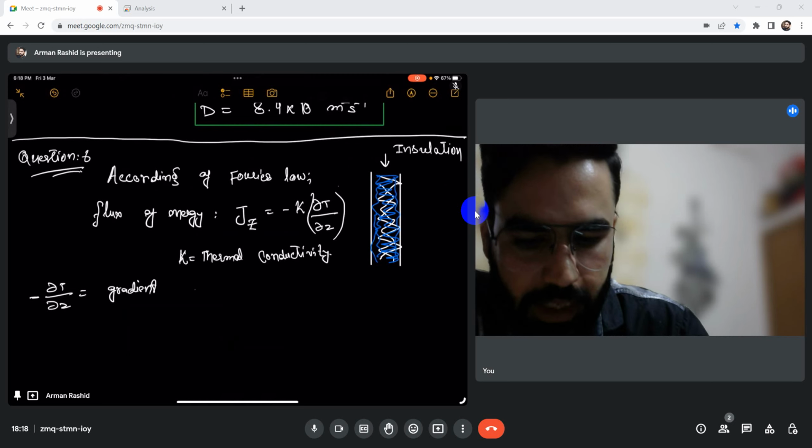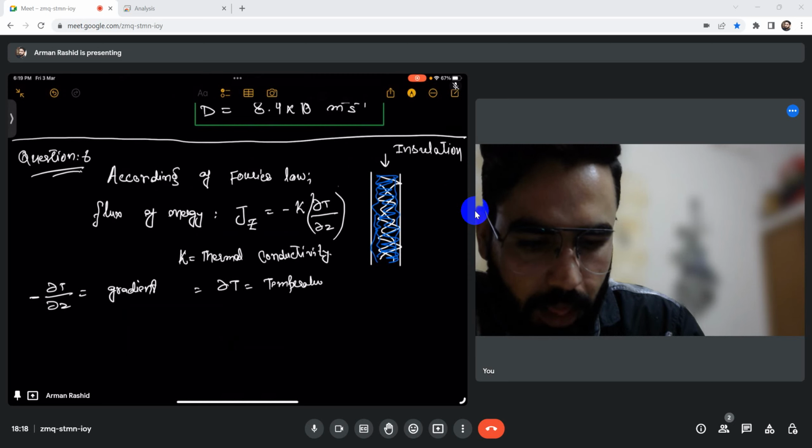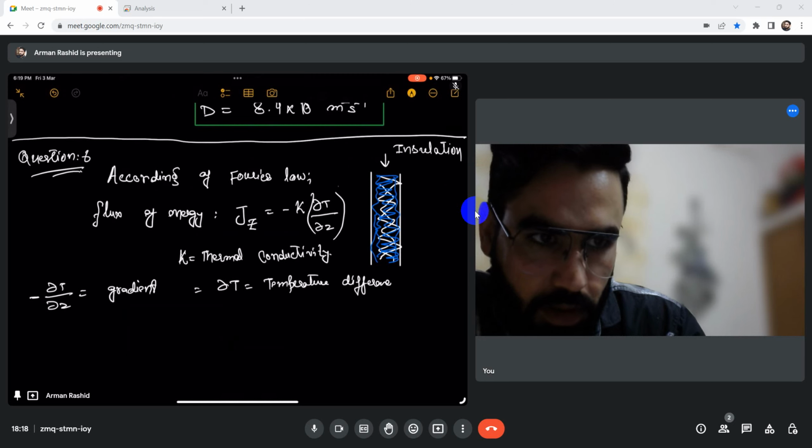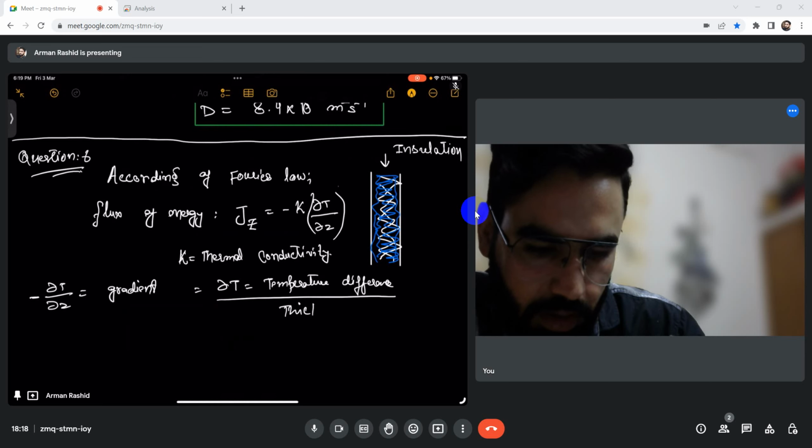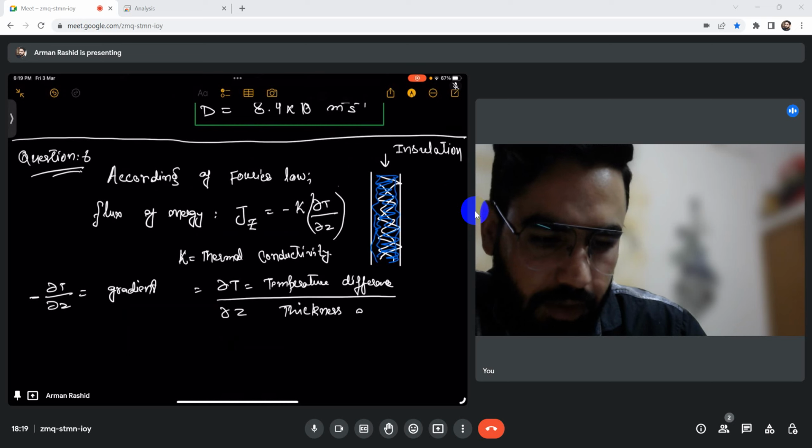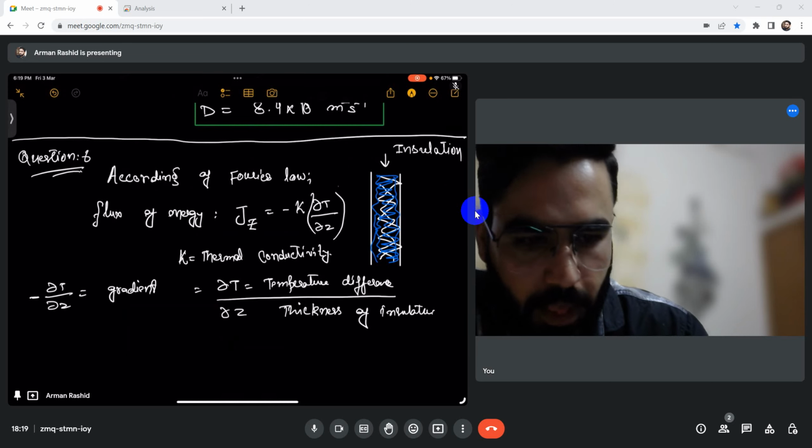Delta T is the temperature difference, and delta Z is the thickness of the insulation.